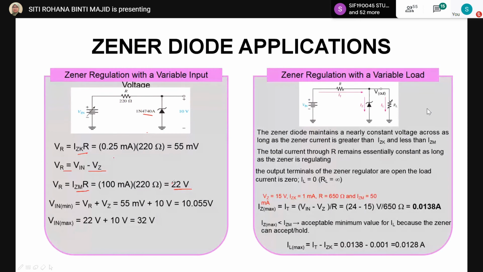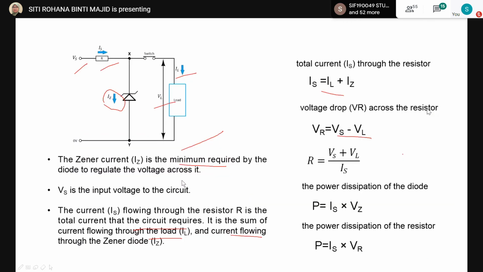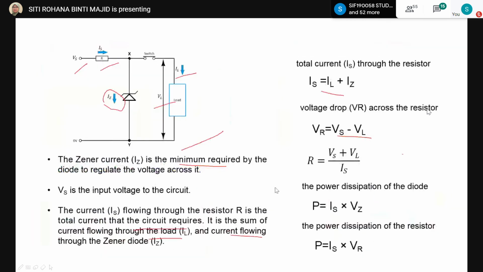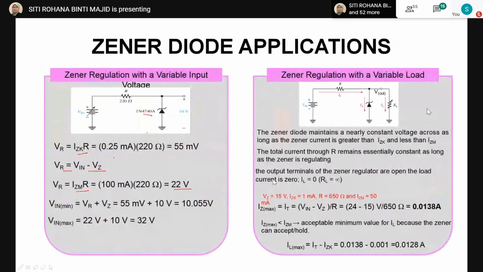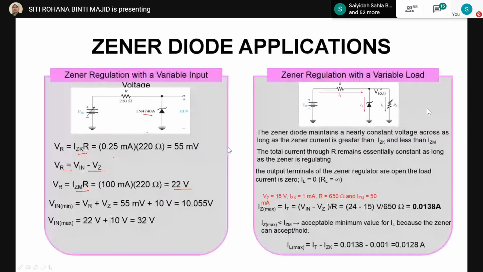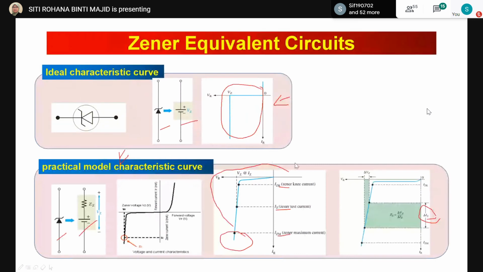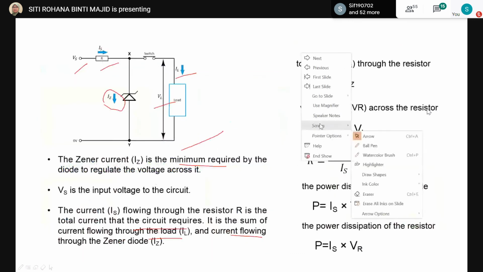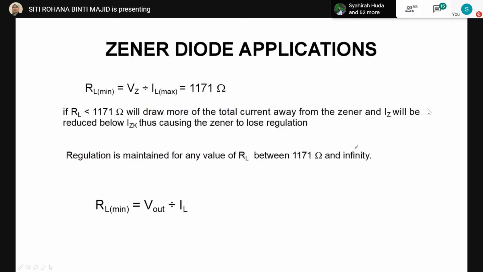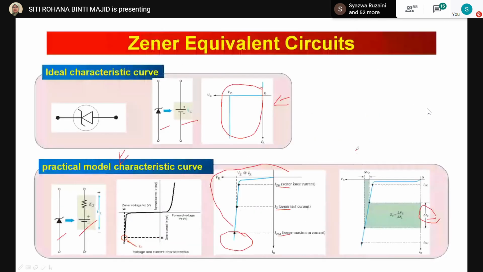So if we see from this value, it is logical, because IZK happens first, and IZM can be detected after IZK.